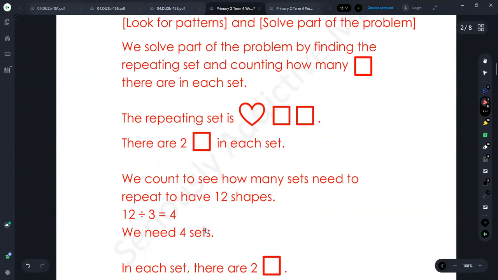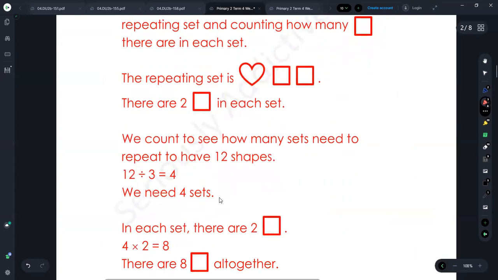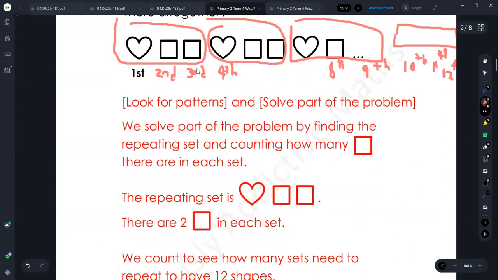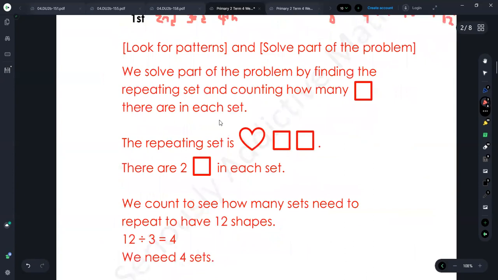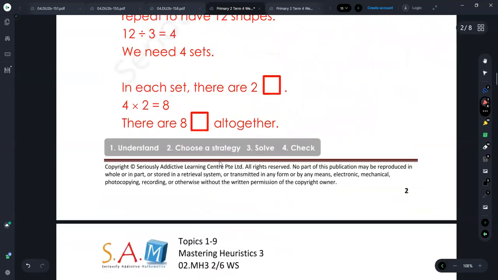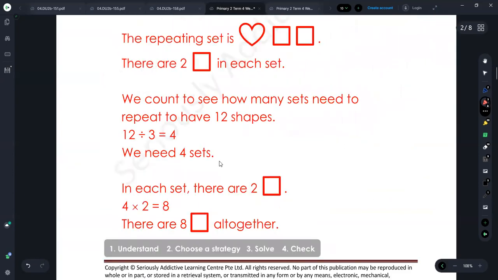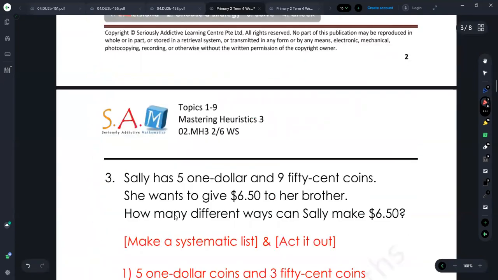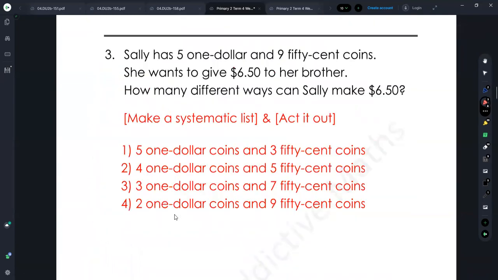There are actually 4 groups. Then you ask them, if there are 4 groups, how many squares does each group have? If each group has 2 squares, 4 groups will be 4 times 2, so the total is 8. Take your time to explain this to them. You can always show them the 2 ways of doing it, but eventually we want to prepare them for P3 stuff. This is what I call P3 heuristics already.